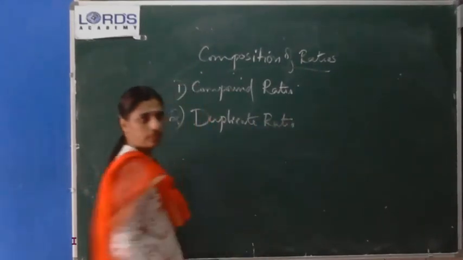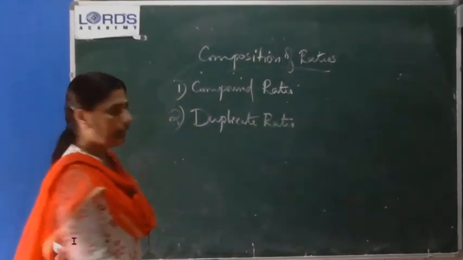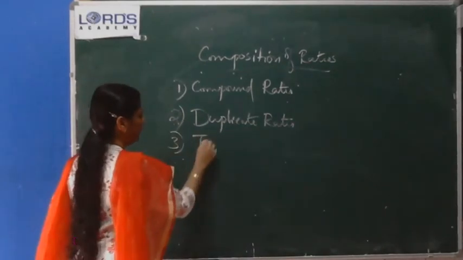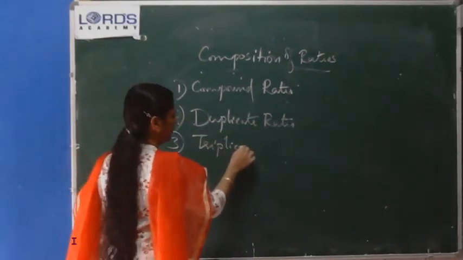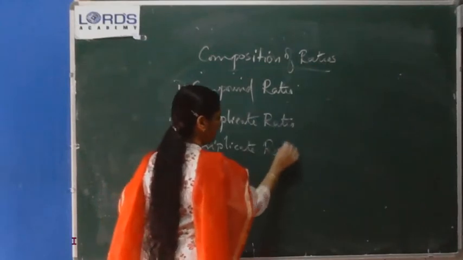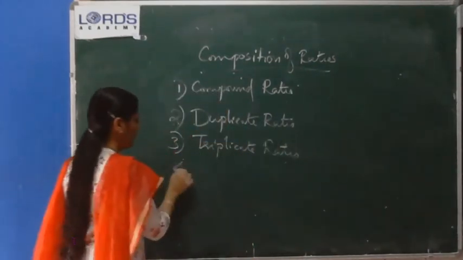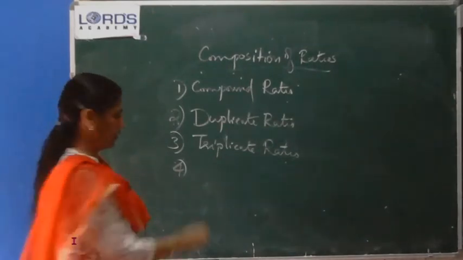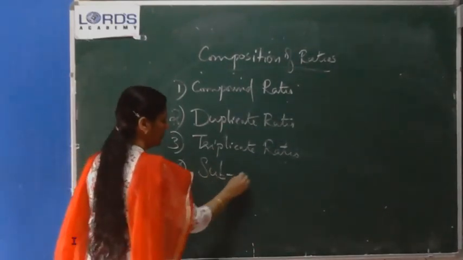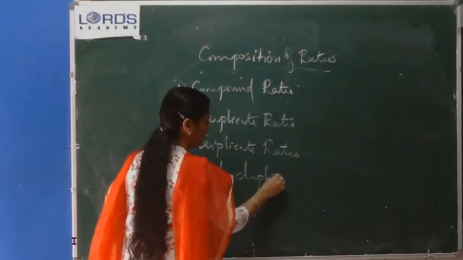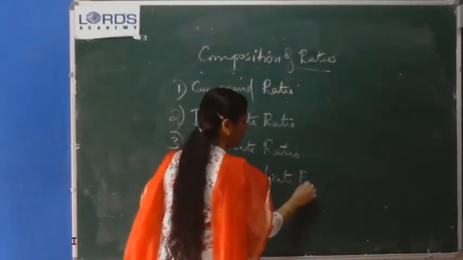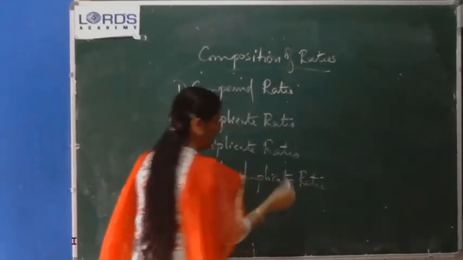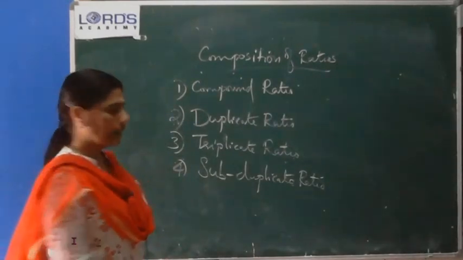Third one is triplicate ratio. Next one, you write, subduplicate ratio. And the last one is subtriplicate ratio.